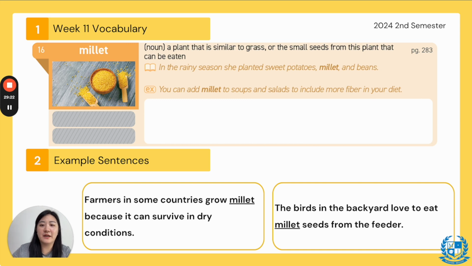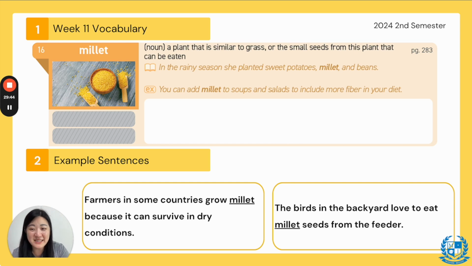Example, let's read together. 1, 2, 3. You can add millet to soups and salads to include more fiber in your diet. So another good thing for you. Let's go here. It says farmers in some countries grow millet because it can survive in dry conditions.